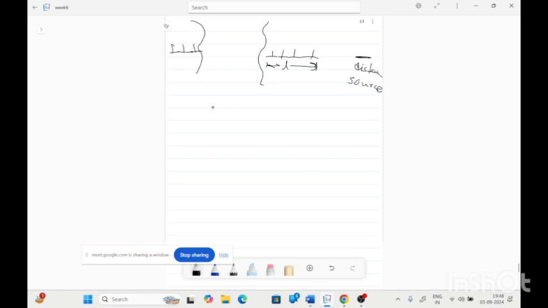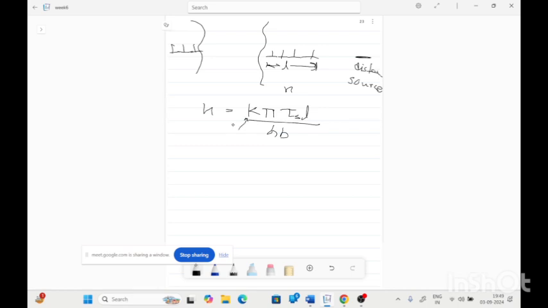So if the number of dislocations in the pileup is n, then n can be written as k pi tau_s L by G b.